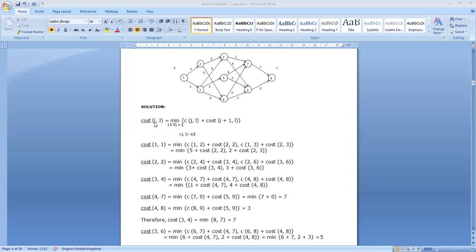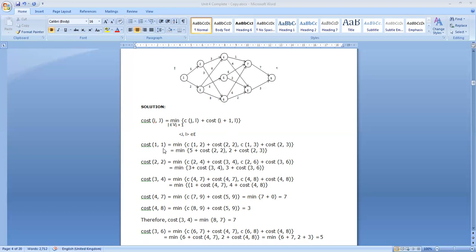Here i is a stage number, j is a vertex in that particular stage i, V is a stage, and E is a set of edges. C(j, L) means the weight of the edge between j and L, the weight value.